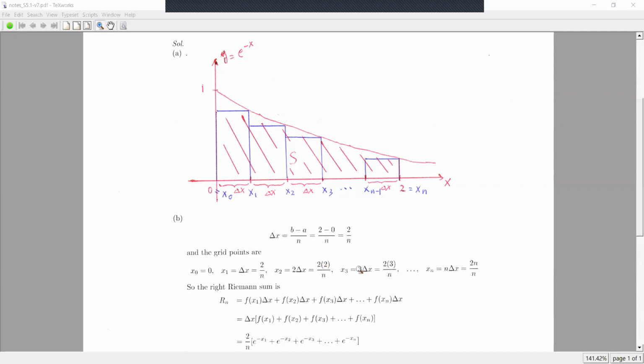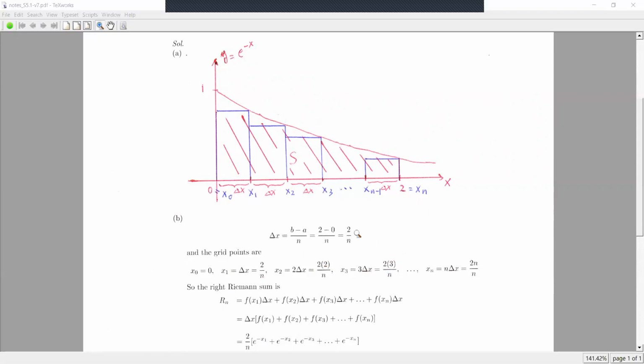The last point is n times delta x, the distance from 0. So xn is n times delta x.